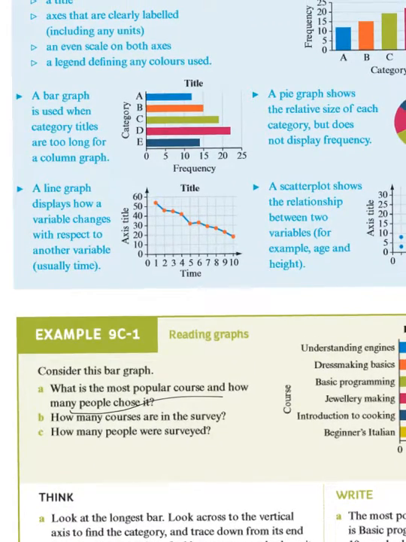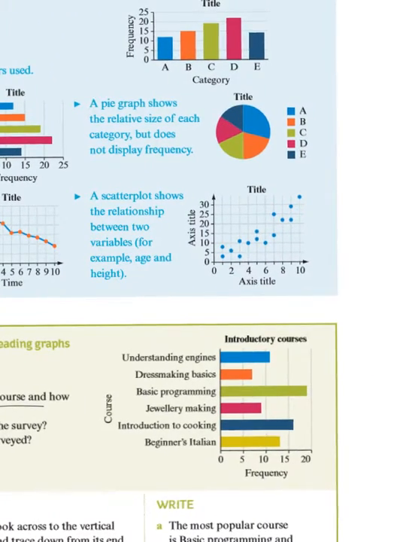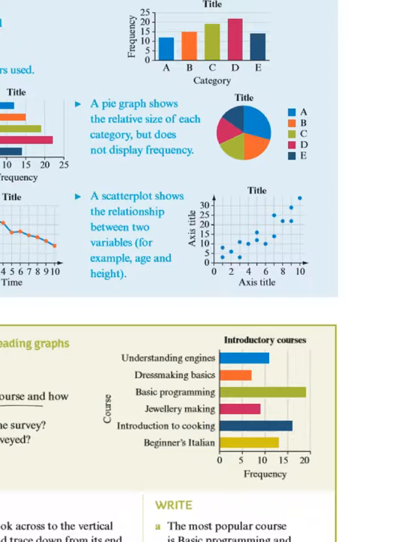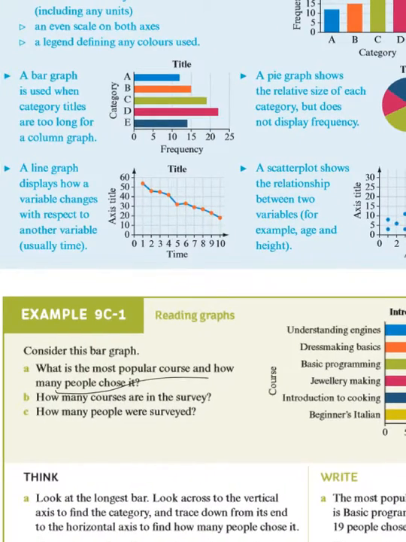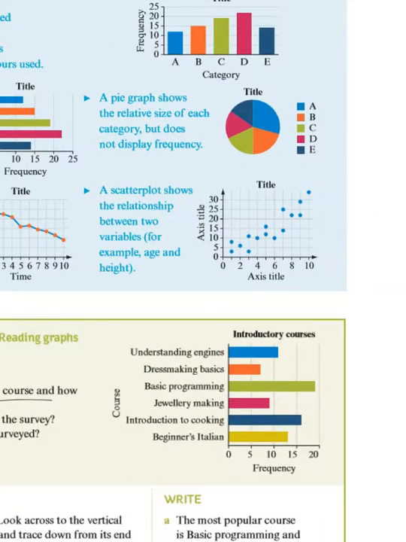How many courses were in the survey? Let's have a look. There were 6 courses in the survey. And how many people were surveyed? What you have to do with that one is say understanding engines was, say, 11. Dressmaking basics would be about 7. Basic programming, we said, was already 19.